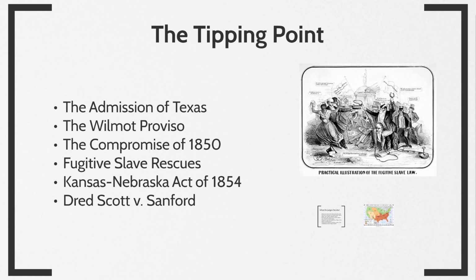This has implications, of course, for the state's ability to free fugitives using a writ of habeas corpus. And finally, it allowed federal marshals the power of posse comitatus. This is the power to call upon all bystanders to help enforce the Fugitive Slave Act in the event of a rescue.